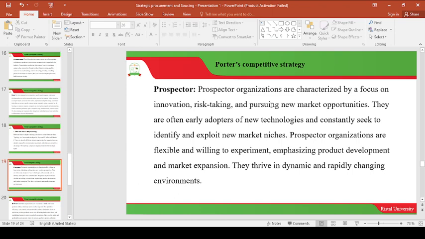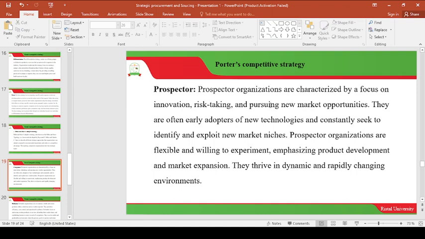Prospector organizations are characterized by a focus on innovation, risk-taking, and pursuing new market opportunities.